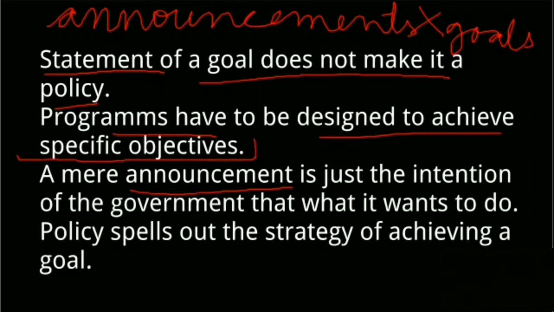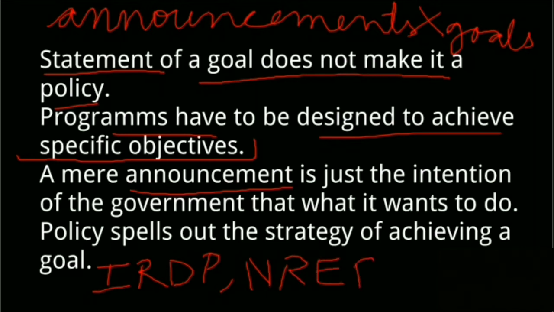Just for an example, let us look at the policy of poverty alleviation. There are several programs which have been designed for this. For example, there is IRDP, that is Integrated Rural Development Program. Then there is NREP, that is the National Rural Employment Program.